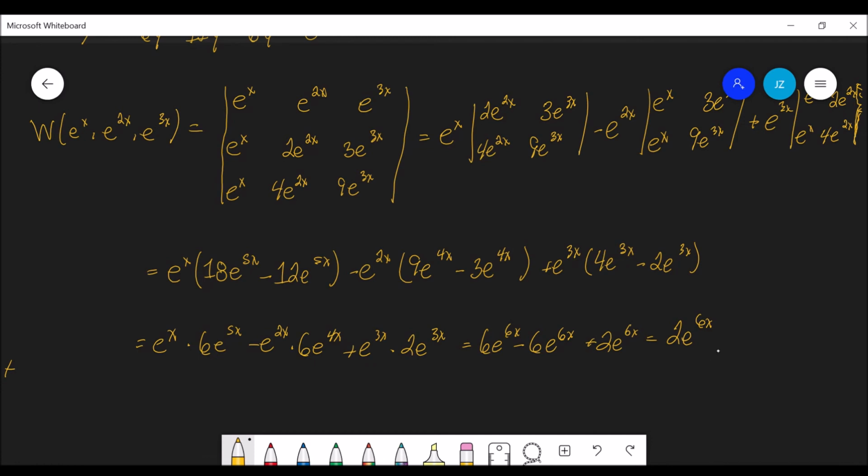Now, no matter what value of x you plug in to e to the 6x, it is impossible to get 0. So this cannot be 0 for any value of x in the real numbers. So this verifies that they are indeed a fundamental set.